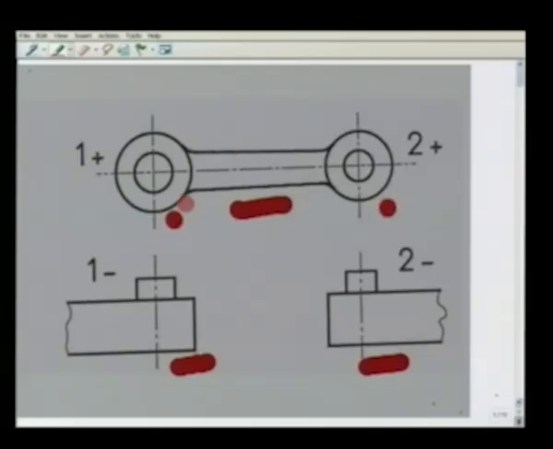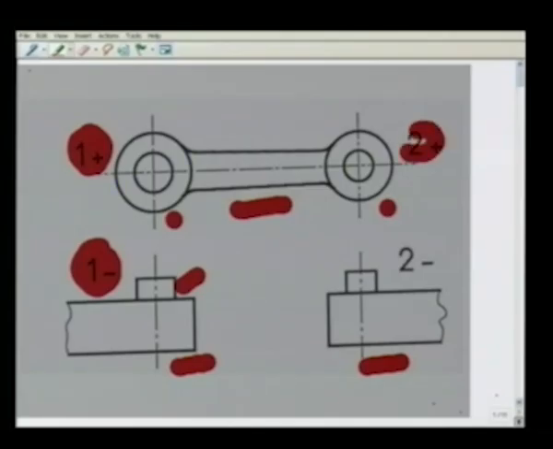Now, note that at each of these revolute pairs, we have two elements, say 1 minus, which is the spin that goes into the hole, which is denoted by 1 plus. So, this 1 plus and 1 minus we shall call elements. Thus, at each revolute pair we have two elements. Similarly, the two elements at these revolute pairs are 2 plus and 2 minus.